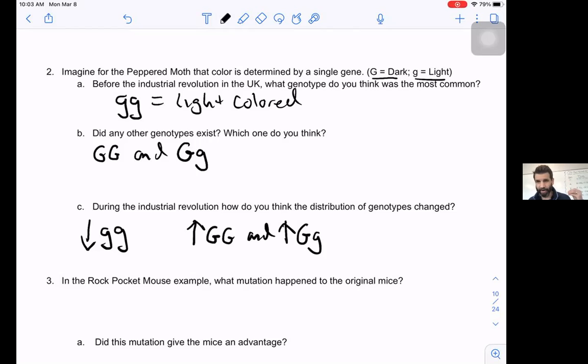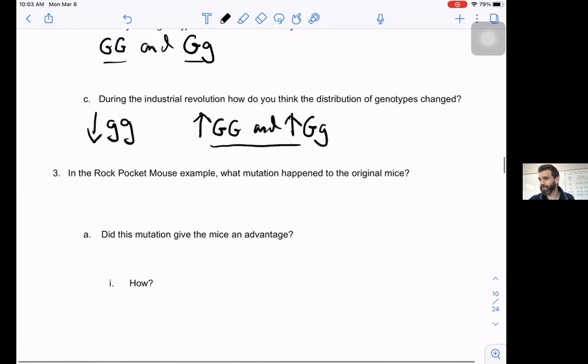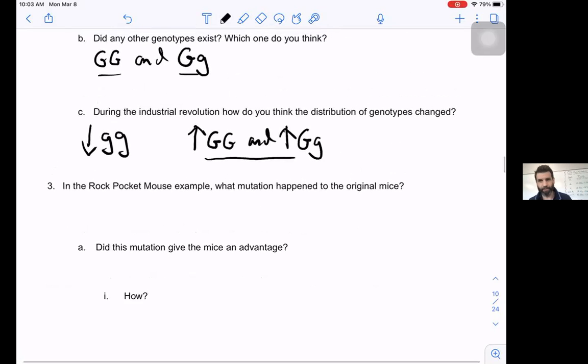We don't decide we want to be a different color. It's these distributions of genotypes. All of these different genotypes existed prior to the Industrial Revolution, but as the environment changed, certain of those genotypes became favored.